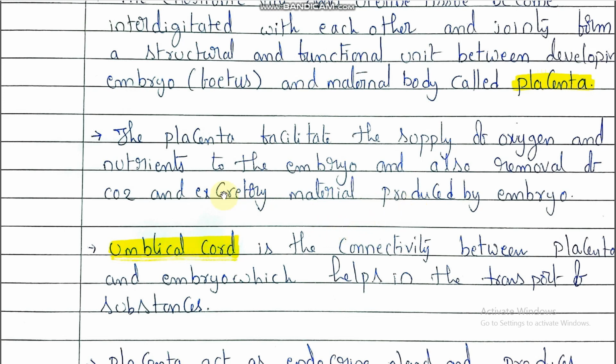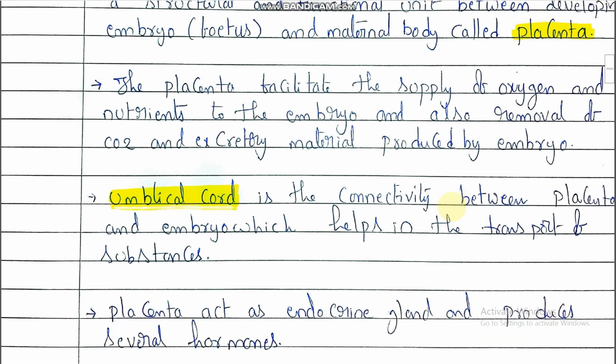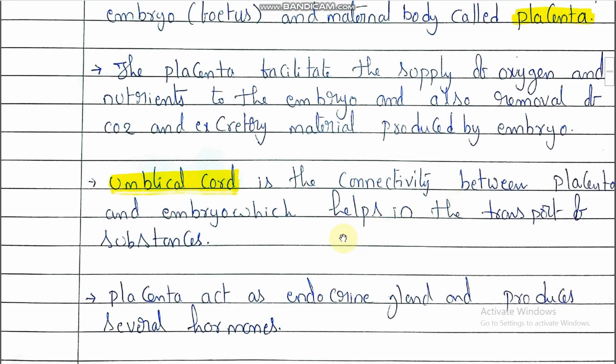So what is the function of the placenta? It facilitates the supply of oxygen and nutrients to the embryo and the removal of carbon dioxide and excretory material produced by the embryo, right? The connection between the placenta and the embryo is called the umbilical cord.